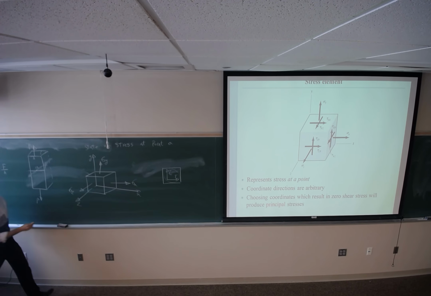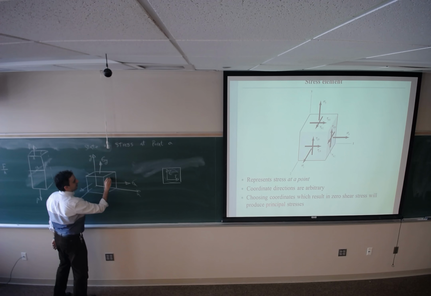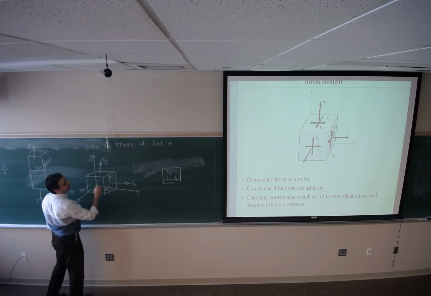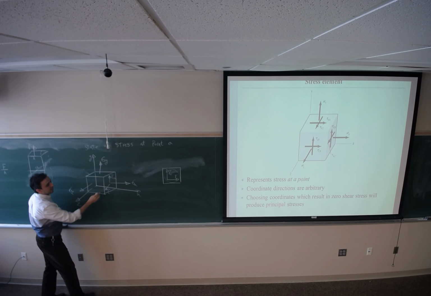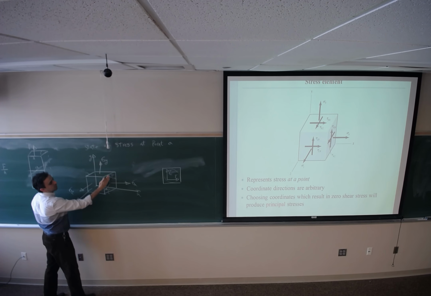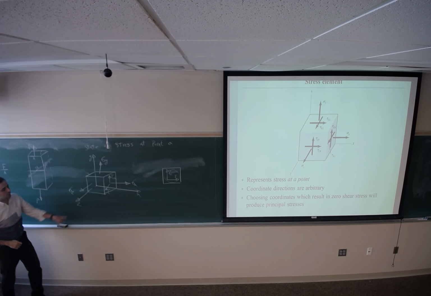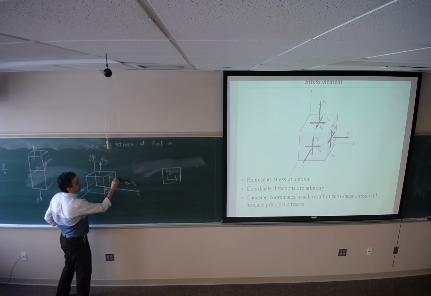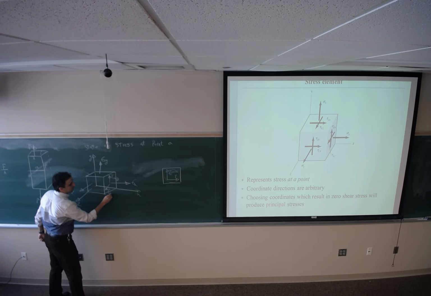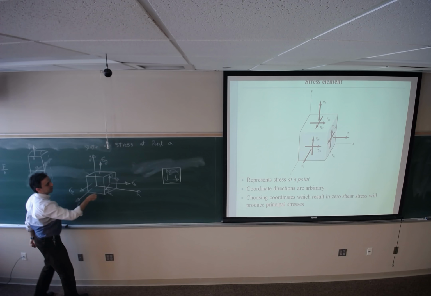And for each plane, I can have two tangential, tau, tau. The first subscript is going to be the direction of the plane, which is x. Second one is representing the direction of shear stress, which goes up in y direction, tau xy. Same thing here. It goes in z direction, tau xz.